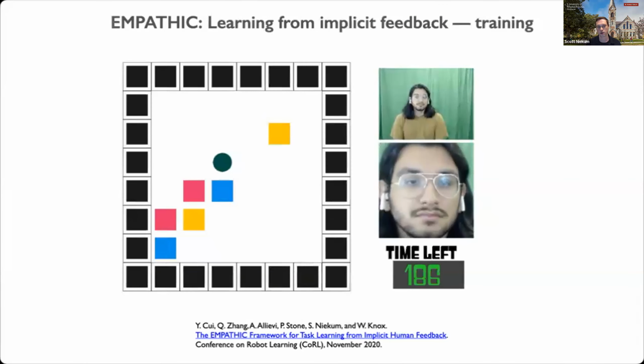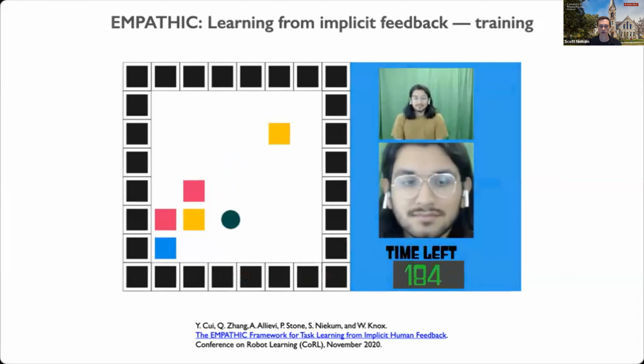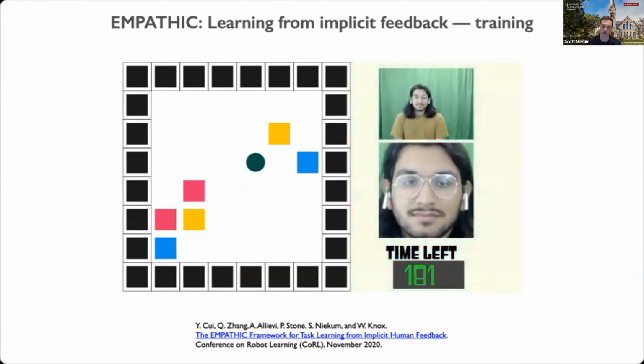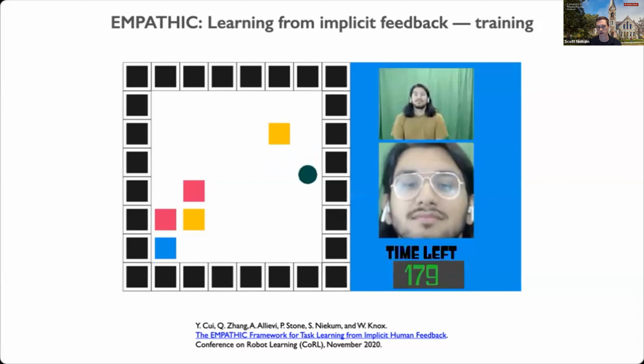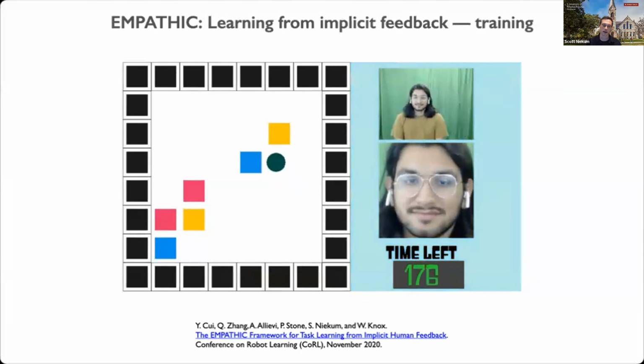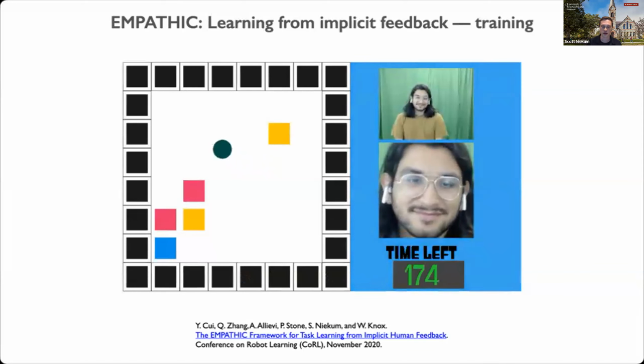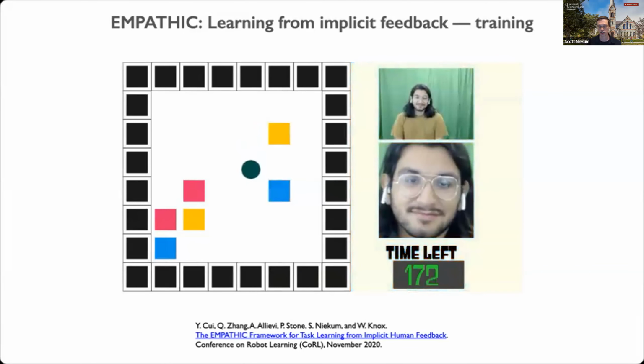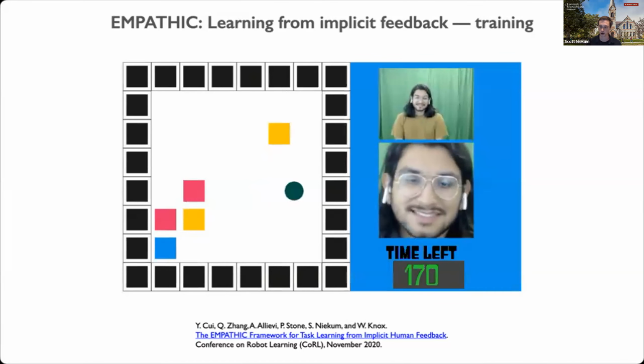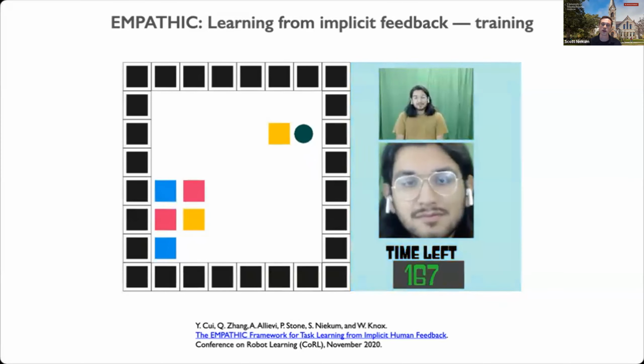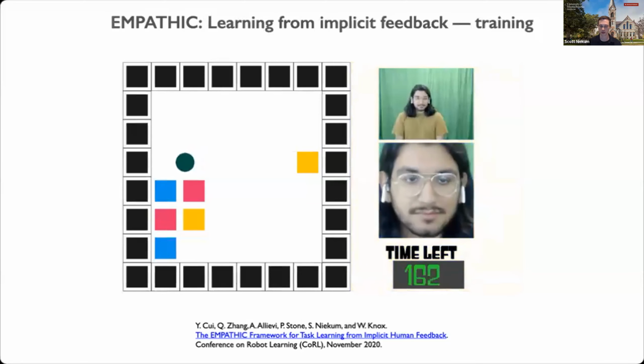So we have an algorithm called empathic that does this, and facial reactions were the specific data type we looked at in the paper. And it works in two phases. In the first phase, we do a data collection and calibration phase where we try to learn what people's facial reactions mean. So we tell them, hey, you're going to watch an agent perform a really simple task.